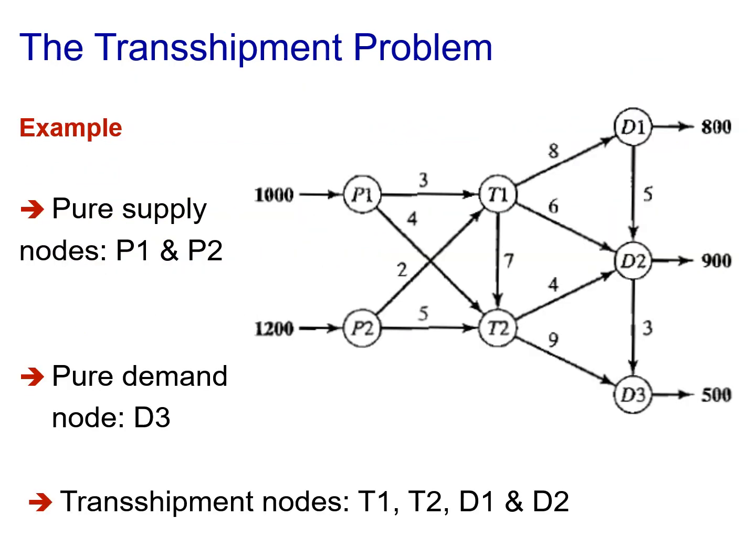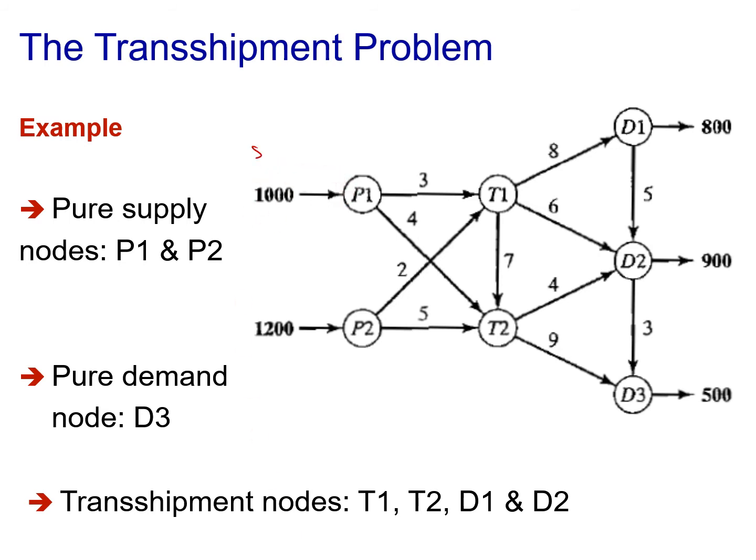Let me represent the transshipment problem in this figure. So here, as you can see, there are 1, 2, 3, 4, 7 nodes. These are called nodes. And these values with an inward arrow mean that it is the supply.